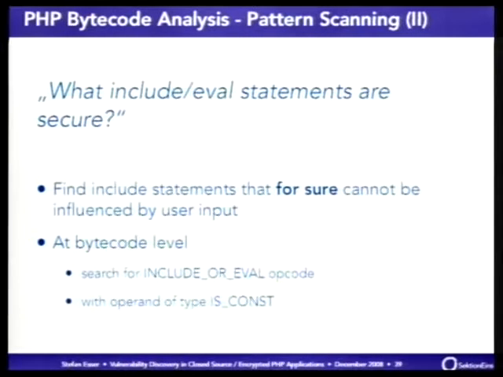When you have an include or an eval on a constant value, it can't be influenced by user input, so these occurrences are always safe. Now you may think this doesn't help you, but when you have a large PHP application with like 100,000 includes, then have fun grepping through them and looking for yourself if it's actually a constant or not. By checking this simple thing, you can eliminate a lot of false positives.